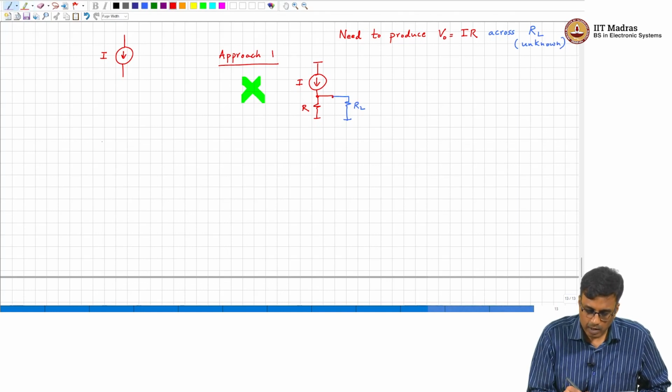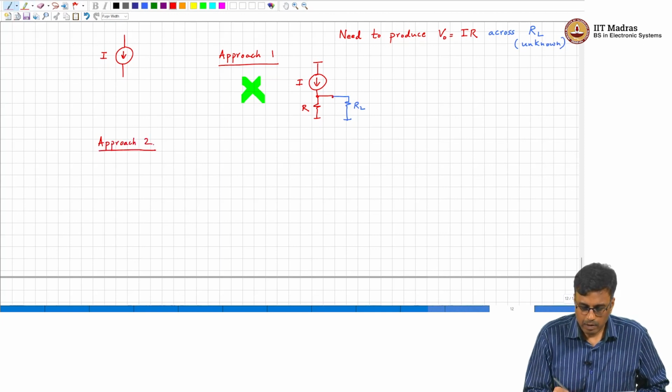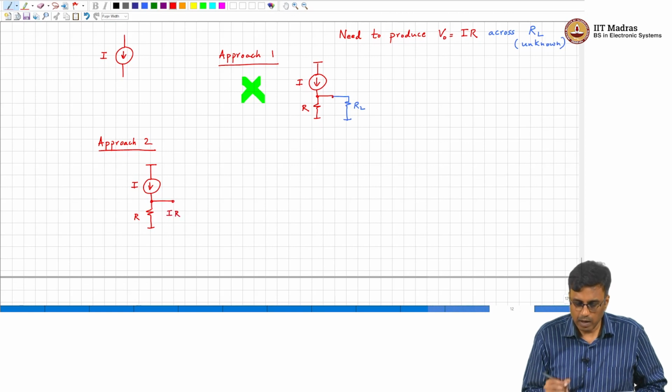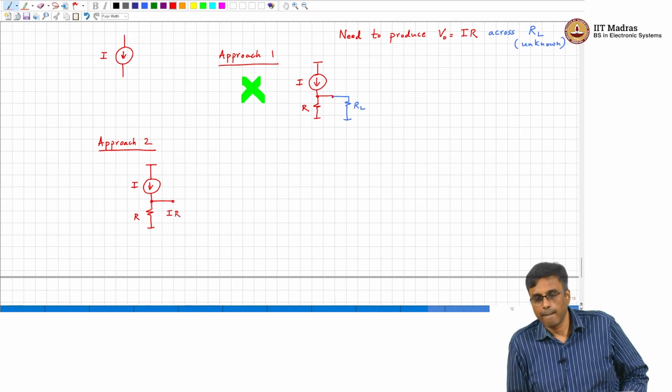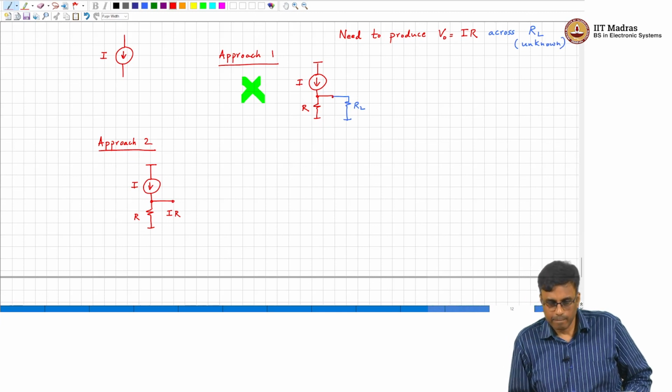So, okay, this is approach 2. You have a current generating the voltage, you push the voltage. So, what is the voltage here? I times R, okay. What do I do next? We compare it with the V out voltage. Compare, very good.